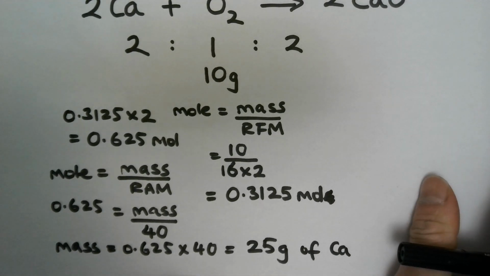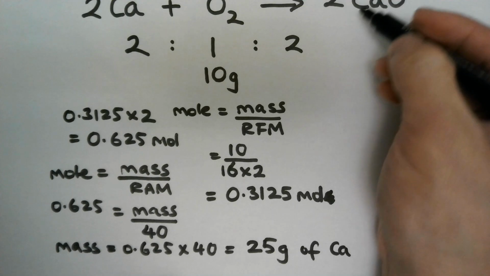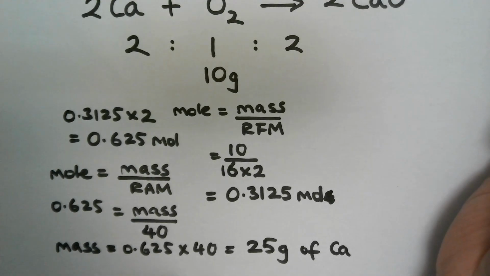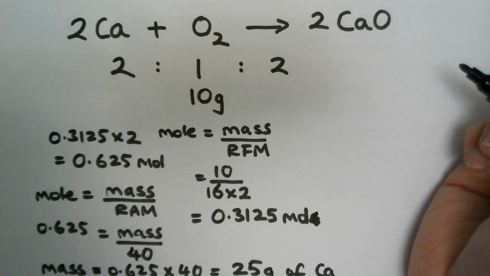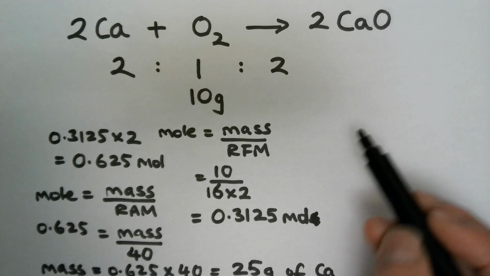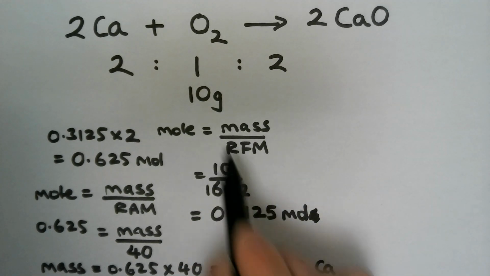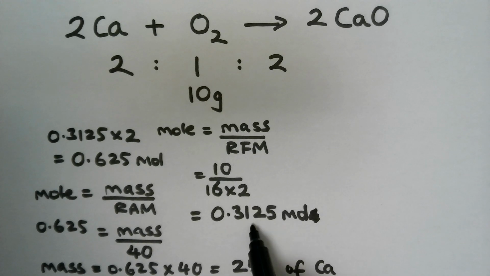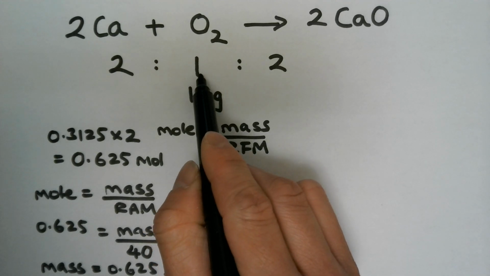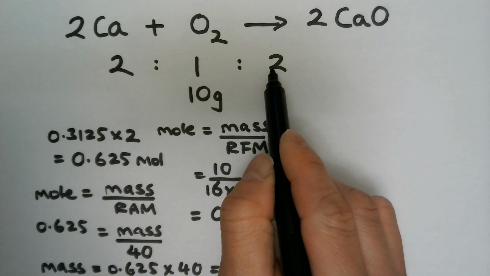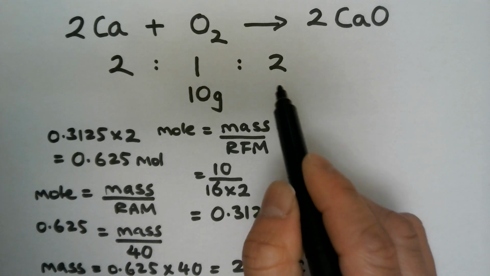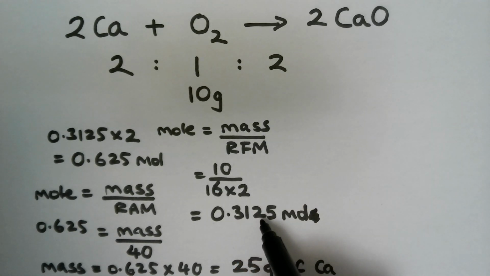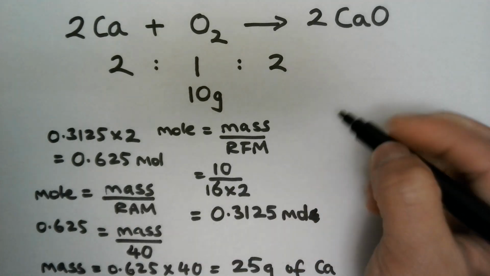Now, the question might go on to ask you how much mass of calcium oxide am I going to produce? So again, I look at the ratio. I know the number of moles I have in 10 grams. This is also a 1:2 ratio, so I need twice as much in order to react, which just so happens to be the same here.